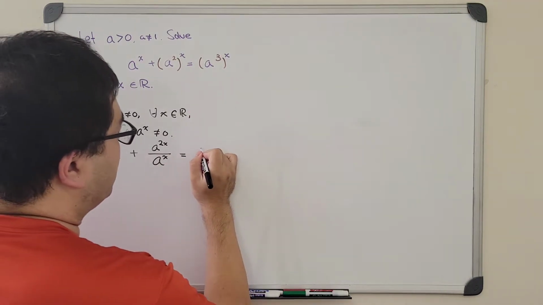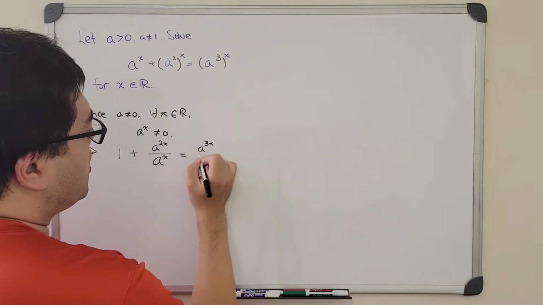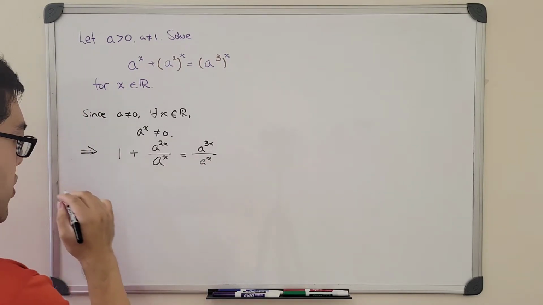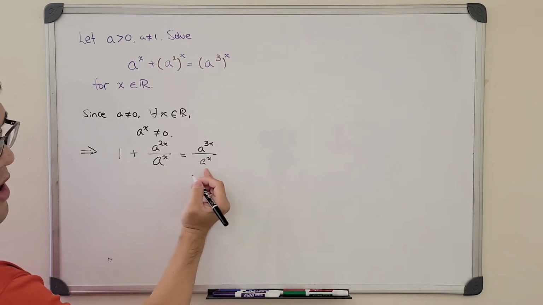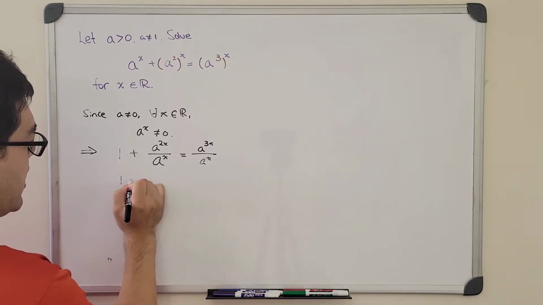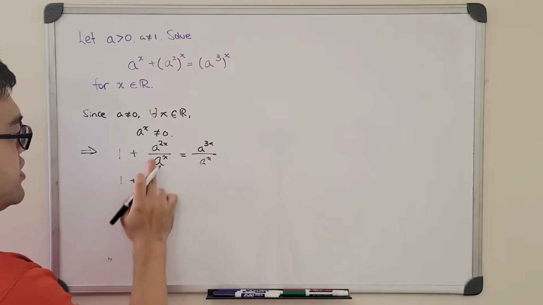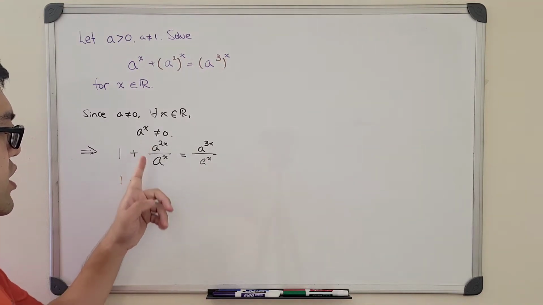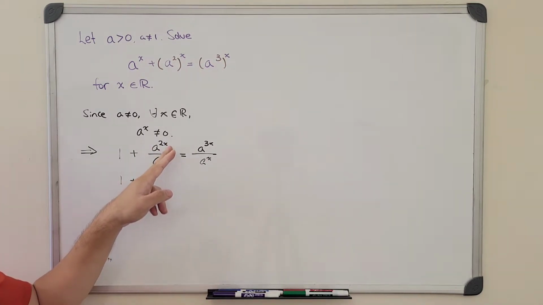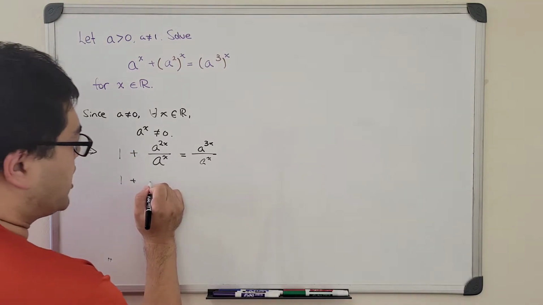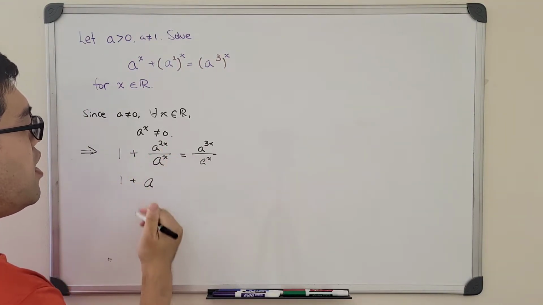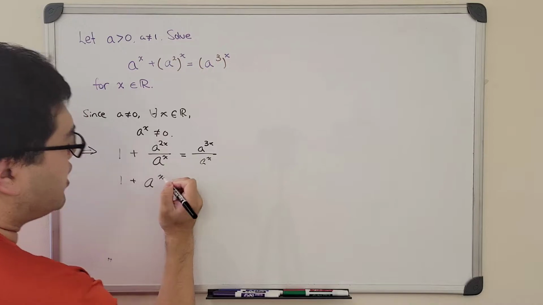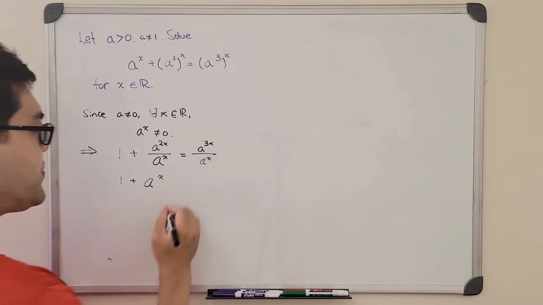And for the right hand side, we do the same thing. We now have a to the 3x power divided by a to the x power. As we simplify the second term and the term on the right hand side, 1 is still 1, plus now we take the other property, which says if we're dividing and the terms have the same base, we can simply take the difference of the two exponents, meaning we have 2x minus x as the exponent here.